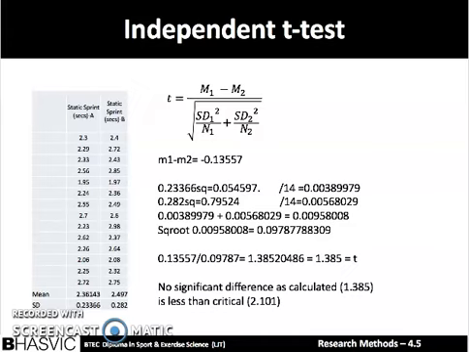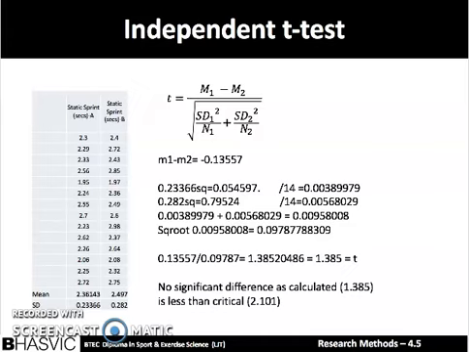Mean 1 is the mean I took from group A, and mean 2 is the mean I took from group B. Mean 1 minus mean 2 resulted in minus 0.13557.